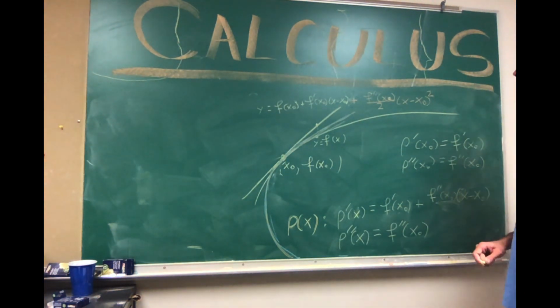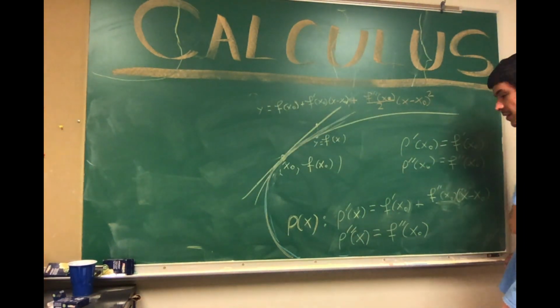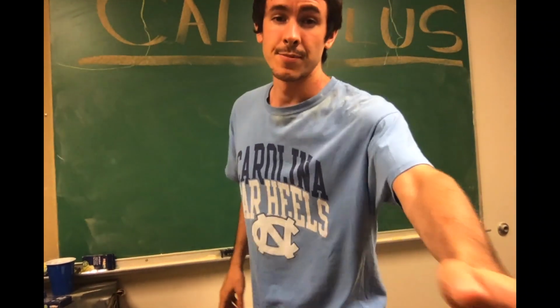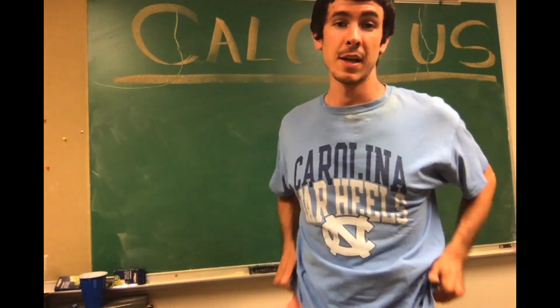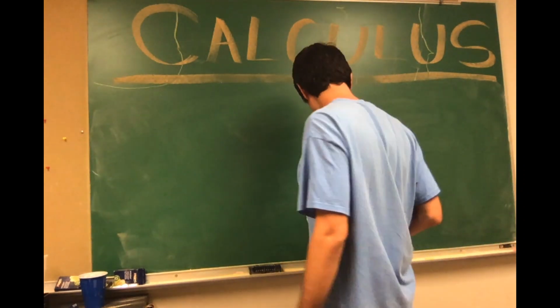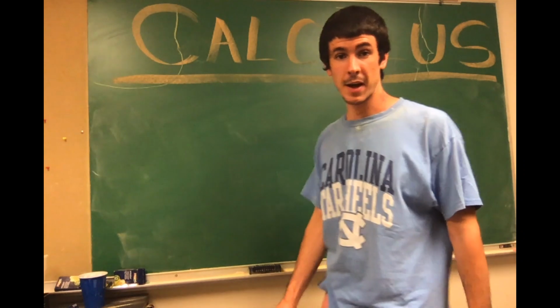Let's apply this to a concrete example, because right now this is all abstract. Let's look back to a question that I believe was on the last homework: approximating sine of 1 from the base point x0 equals pi over 3.